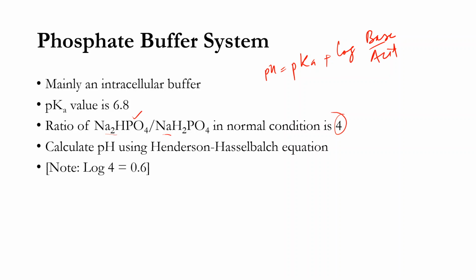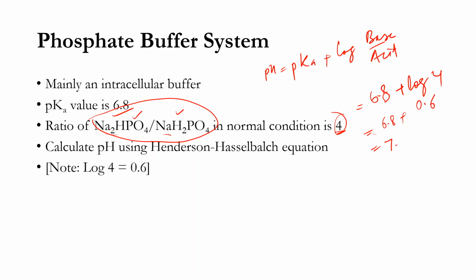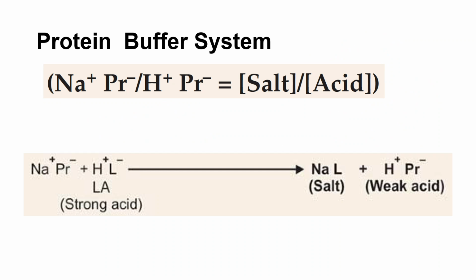We know this is the base, this is the acid, so the base over acid ratio is already given. So the pKa is 6.8, 6.8 plus log 4. Log 4 is 0.6, so it is 7.4. Again, the value comes as 7.4, and we know this is the normal value of our blood pH.